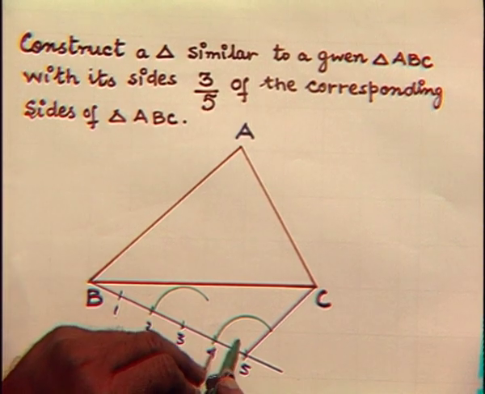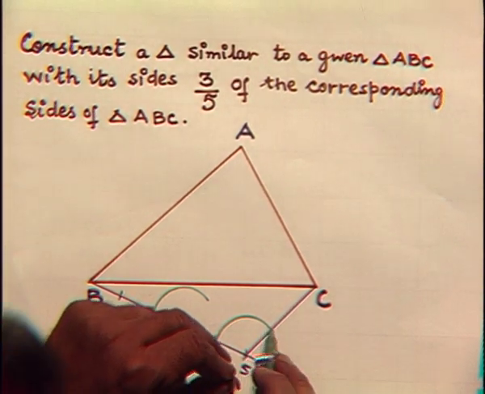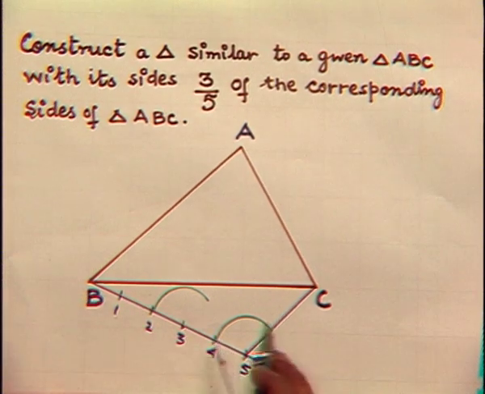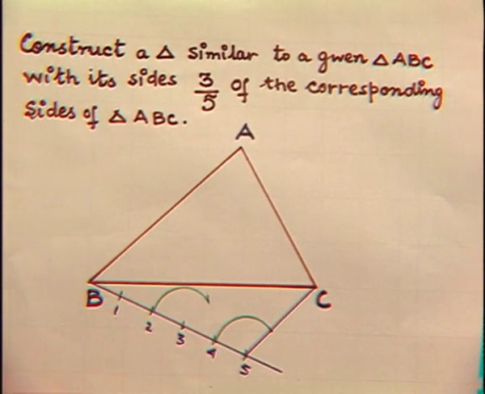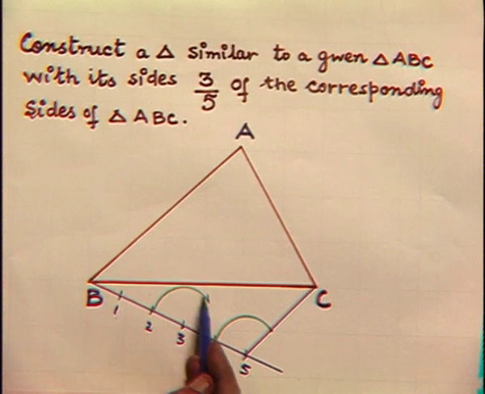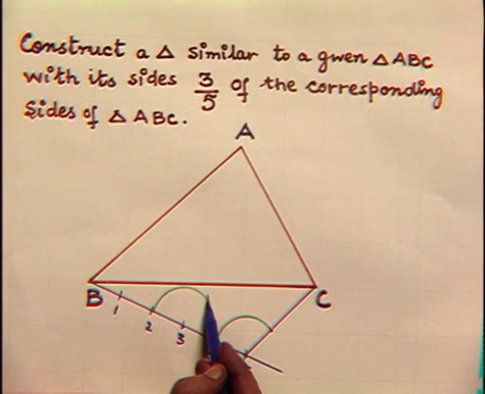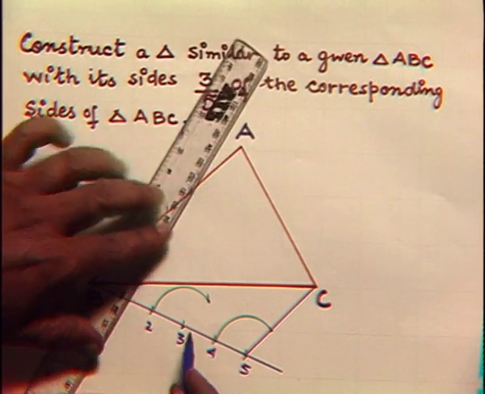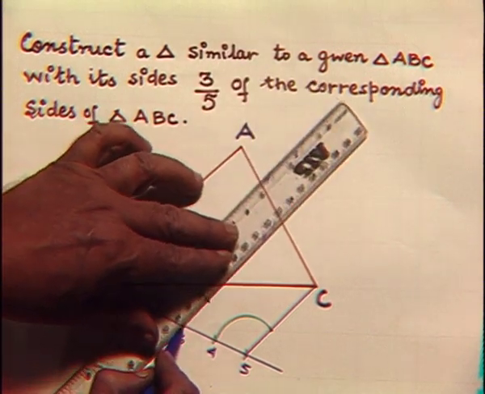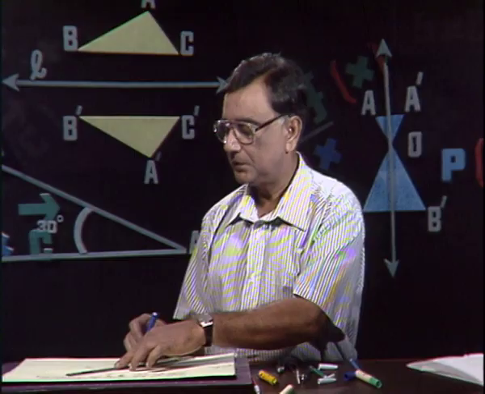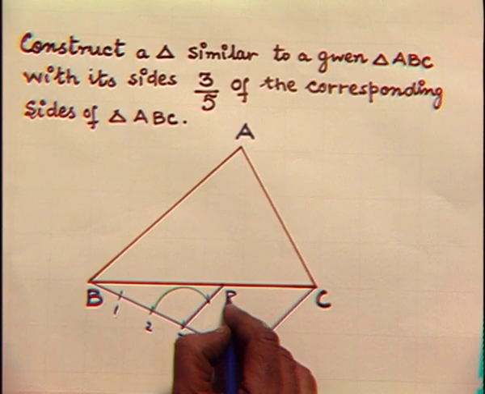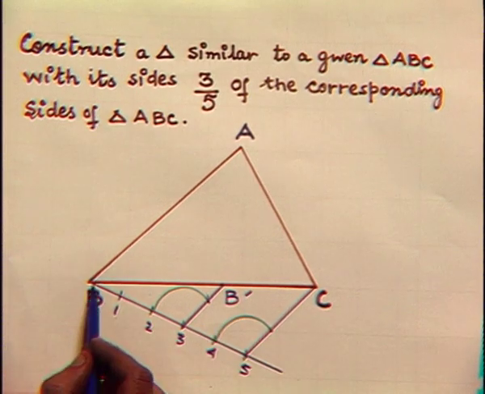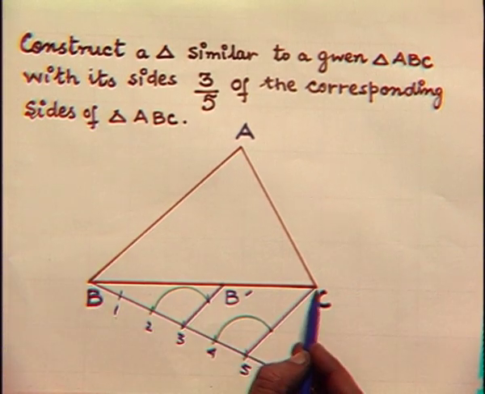Let us see the measure of this angle. These two arcs, this arc and this arc, intersect each other at point over here. So, if I name this point as B dash, then clearly BB dash is 3/5 of BC.